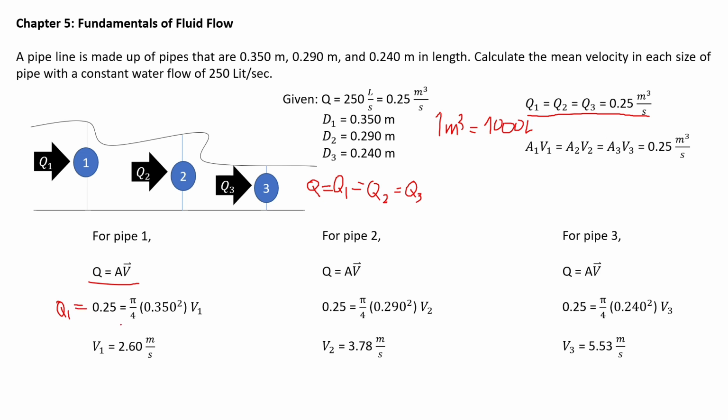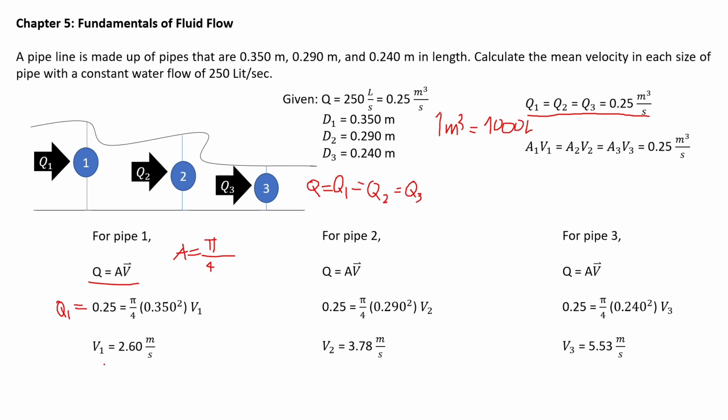So it is equal to pi over 4, which is our area, times the diameter, which is 0.350 squared, times the velocity. So if we calculate this, we will have the velocity of pipe 1, which is 2.60 meters per second.